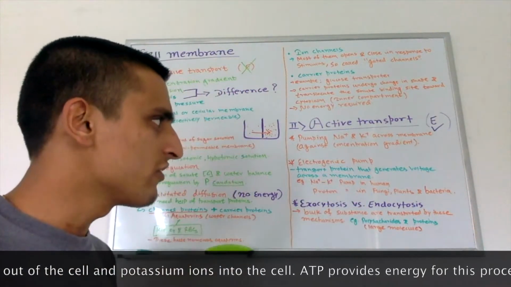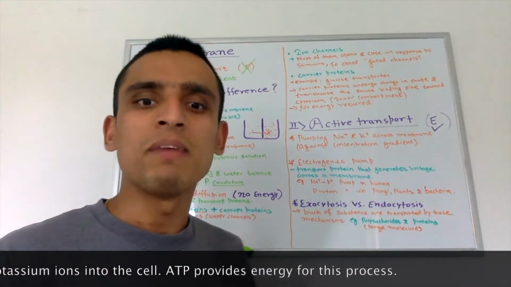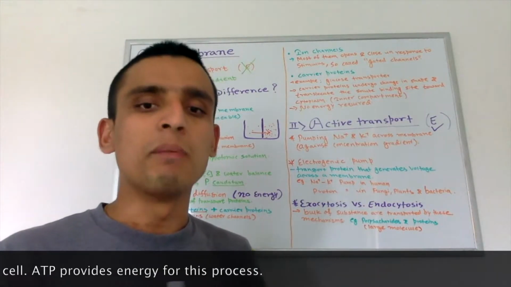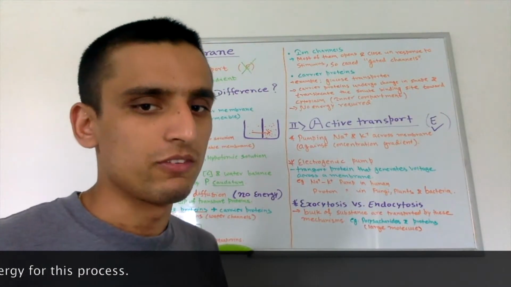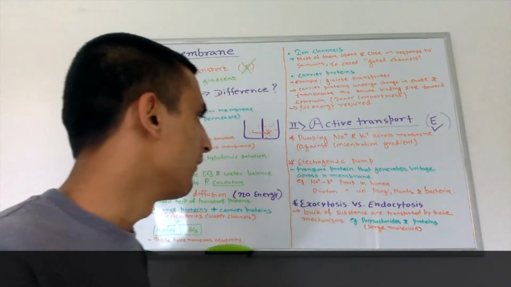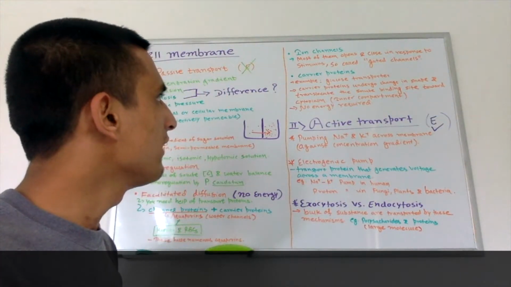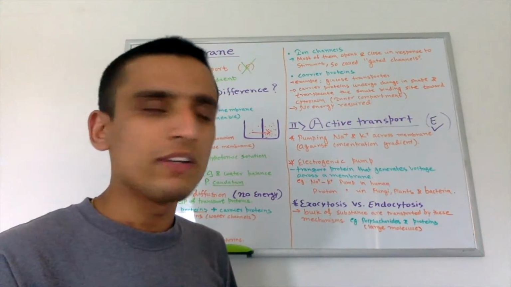But in the case of fungi, plants, and bacteria, they may have a proton type of channel where they pump H plus ions across a membrane. And another thing is you may have carrier proteins sometimes.